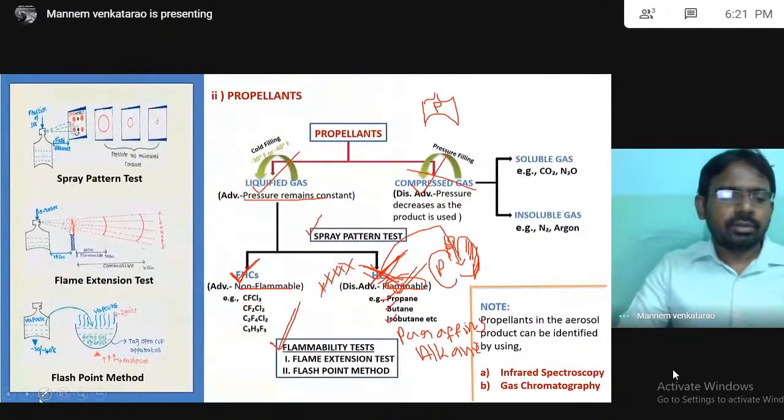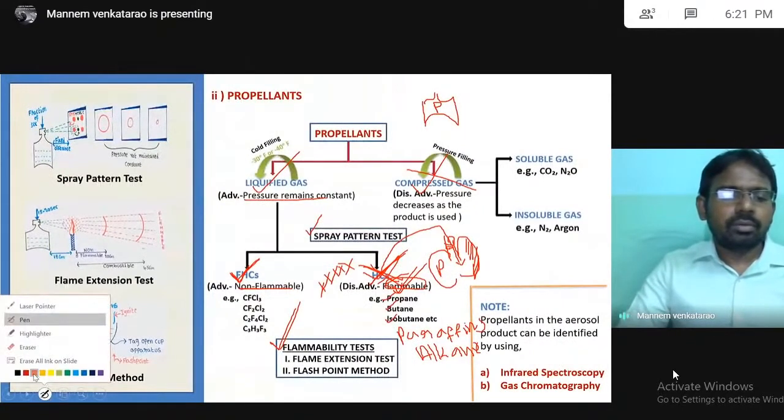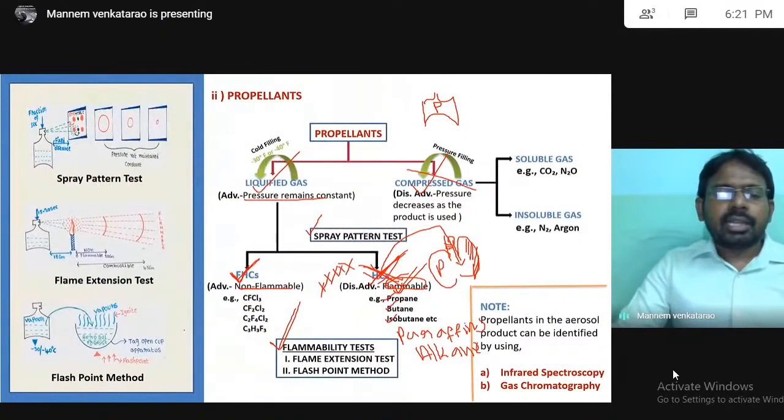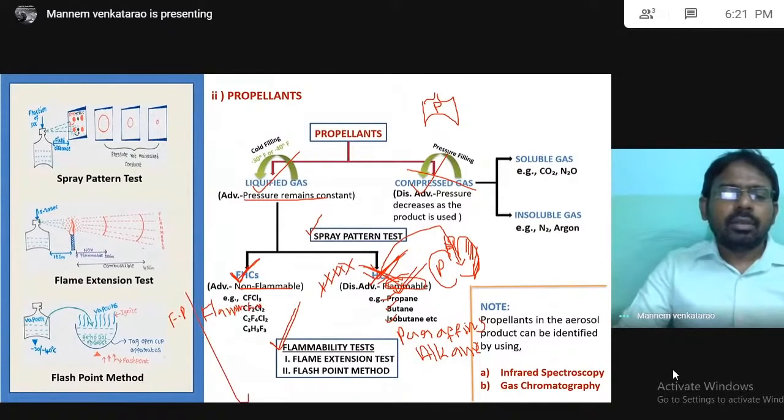Next. For example, any product has a flash point, and this is the flammability. Any product having a flash point less than 100 degrees Fahrenheit, meaning you can observe the fire below 100 degrees Fahrenheit, is called flammable.